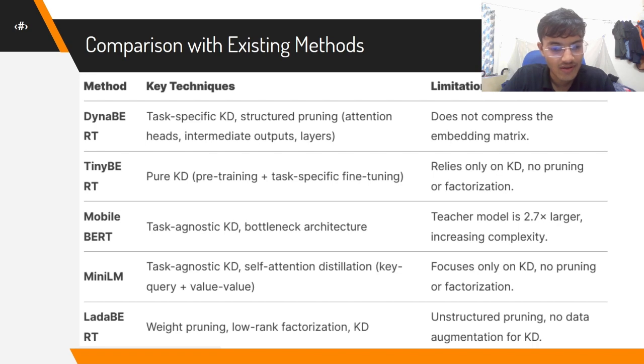And the last one is LadderBERT, which uses weight pruning, low-rank factorization, and knowledge distillation. The limitation of it is that the pruning is very unstructured, and a data augmentation technique is not used during knowledge distillation to mitigate the drop in accuracy which we generally get in knowledge distillation while doing the pruning.